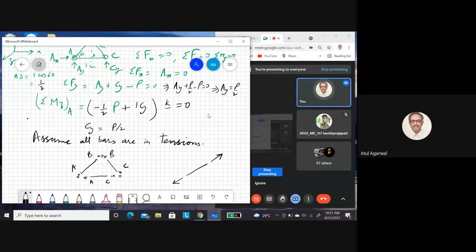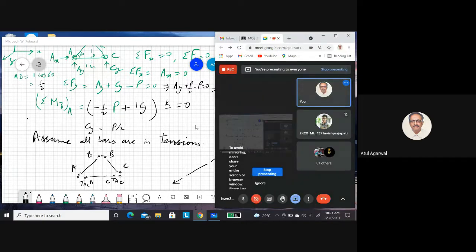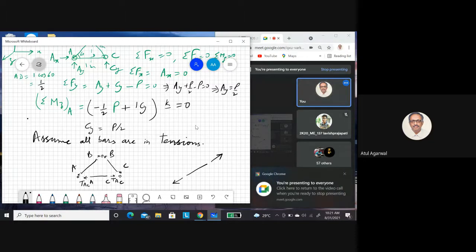I'll call this force TAC. Similarly, this force will be TAB, and TBC. So this is the nomenclature you use. Any questions?